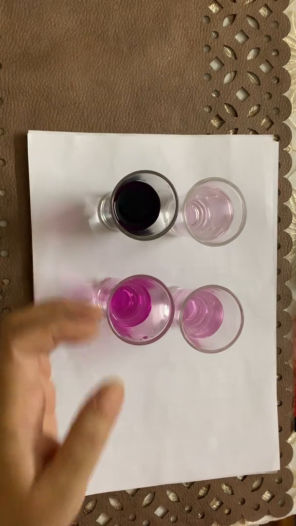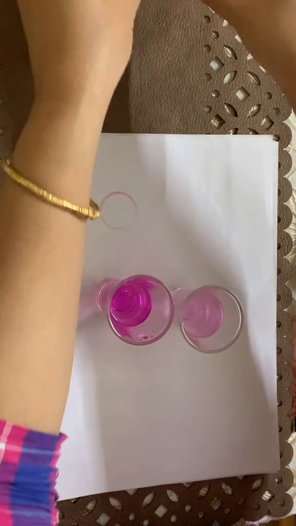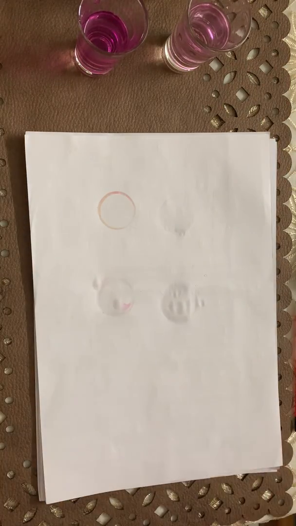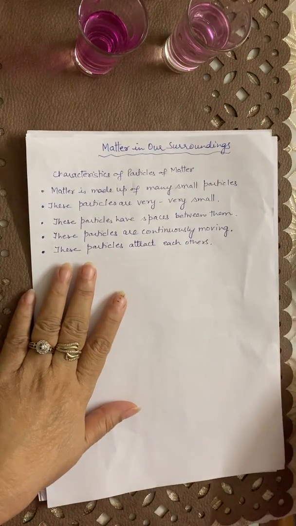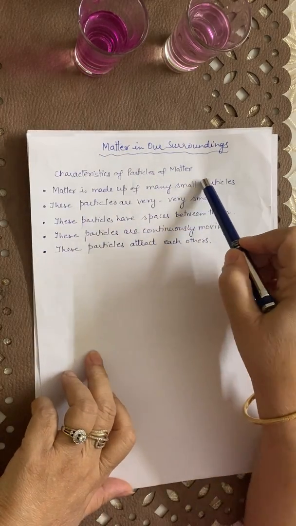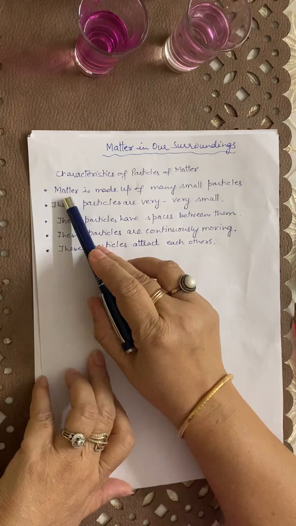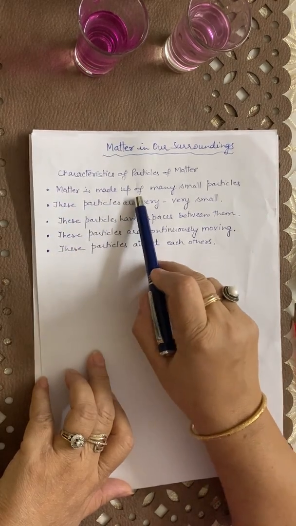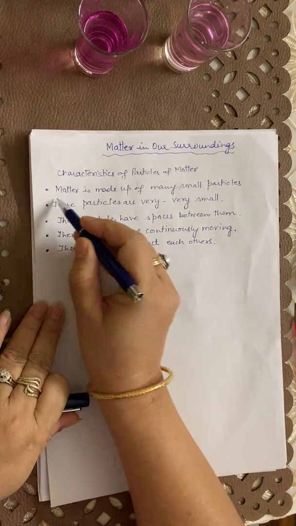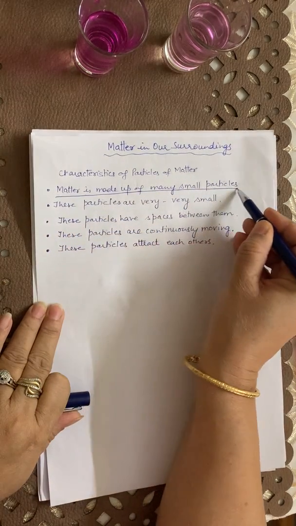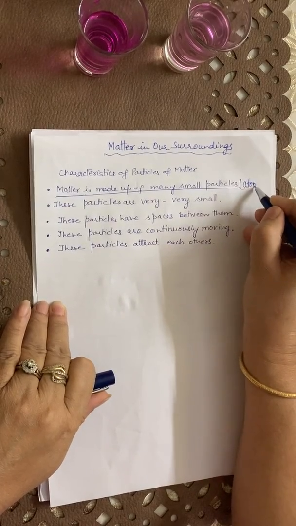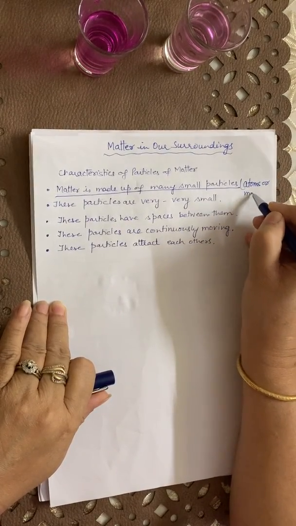Now, come to the characteristics of the particles of matter. What are the characteristics of the particles of matter? The first property is that matter is made up of many small particles, and these particles are atoms or molecules.